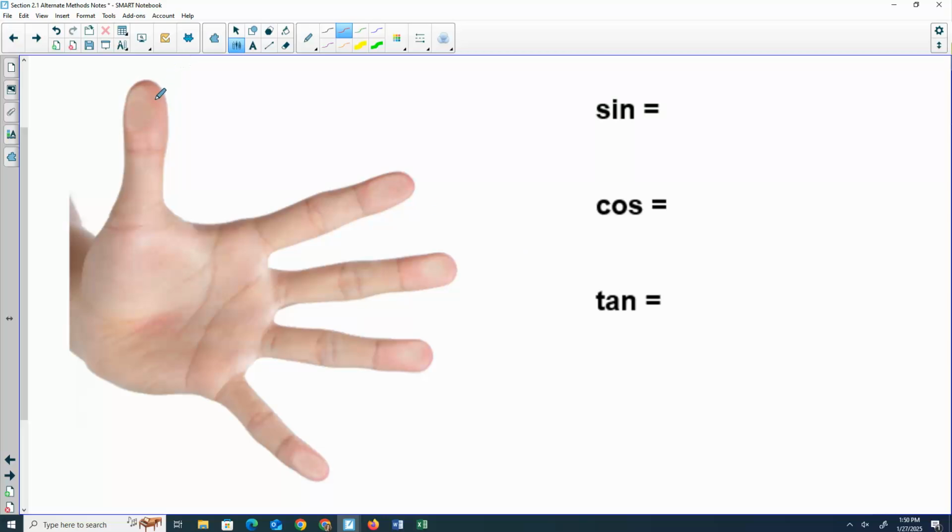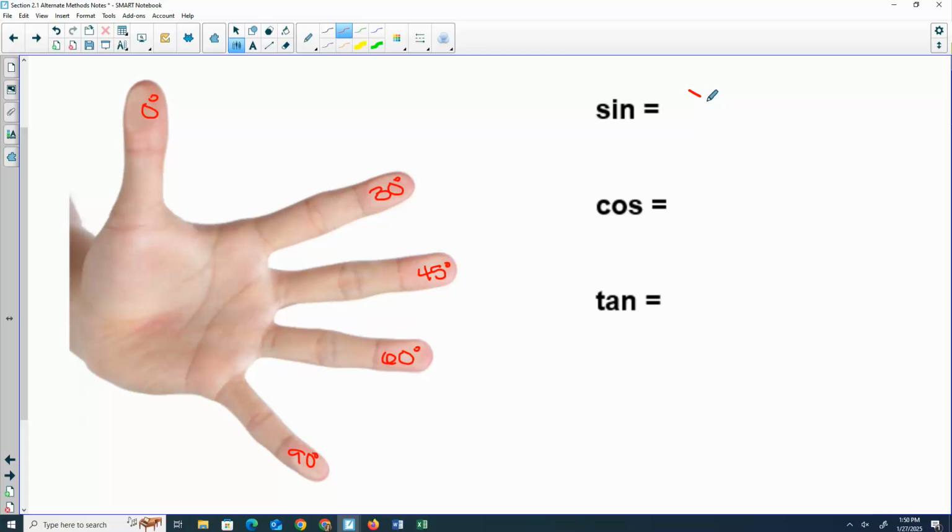So our hand trick. Our fingers are going to be the common angles that we will see in this class. So that is 0 degrees, 30 degrees, 45 degrees, 60 degrees, and 90 degrees. Okay.